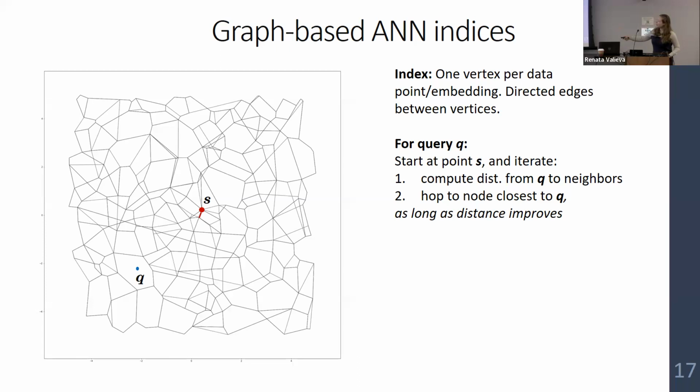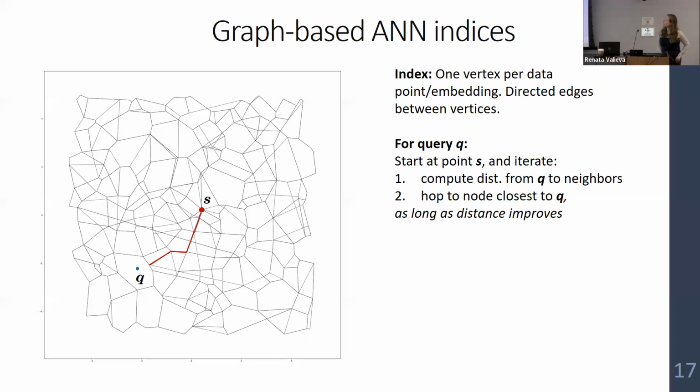In this case, this point here is the nearest neighbor to Q among all of the out neighbors of S. So we hop to this point, then we look at its neighbors and hop to the nearest neighbor of Q among those, and so on and so forth, until the distance to Q stops improving. And then we would return this point as the nearest neighbor.